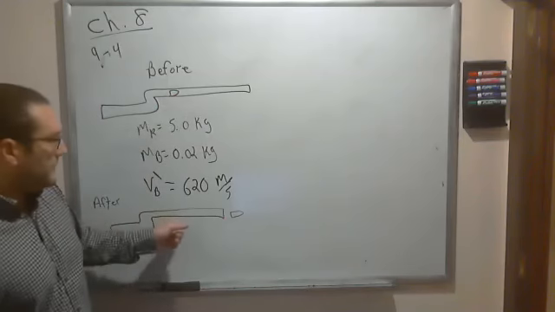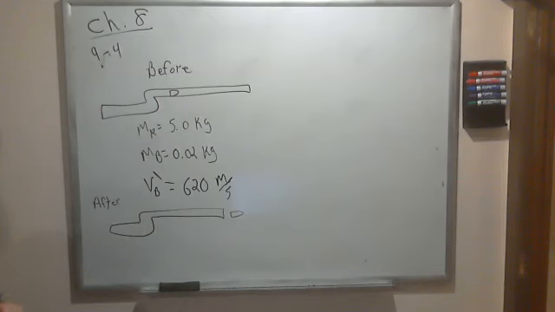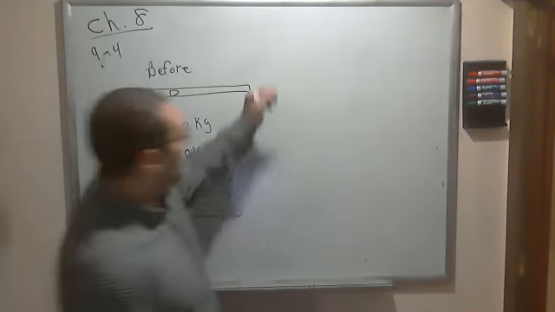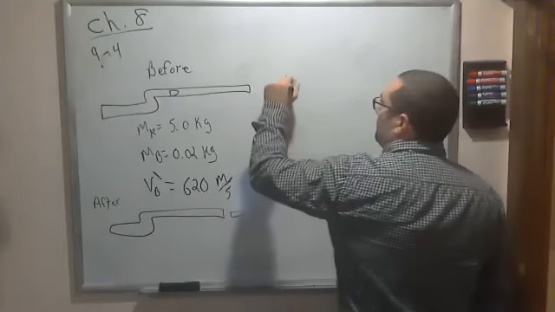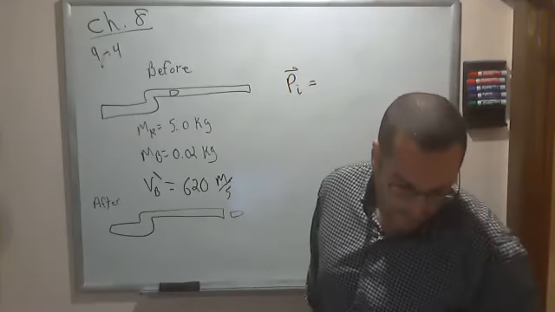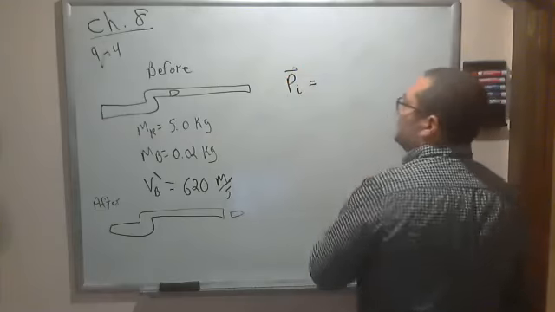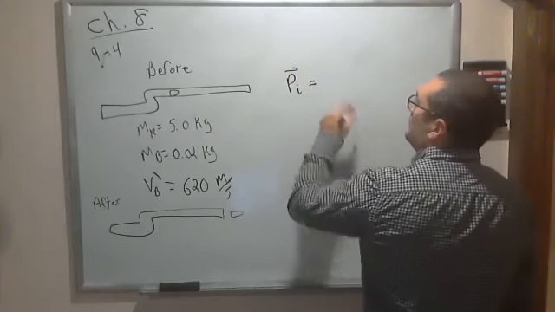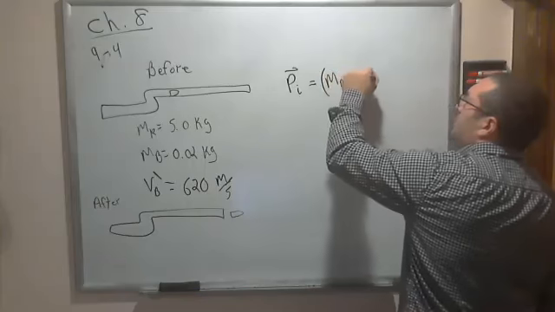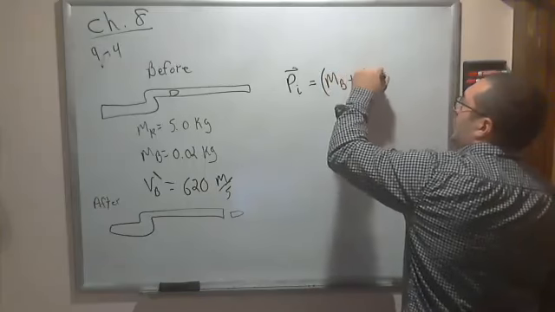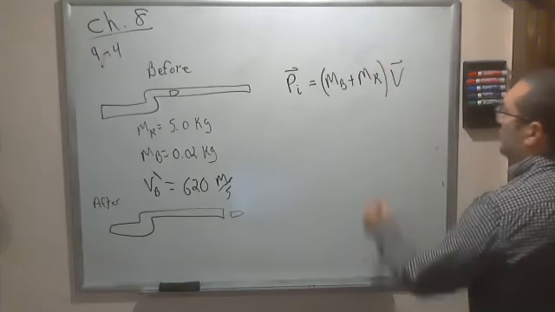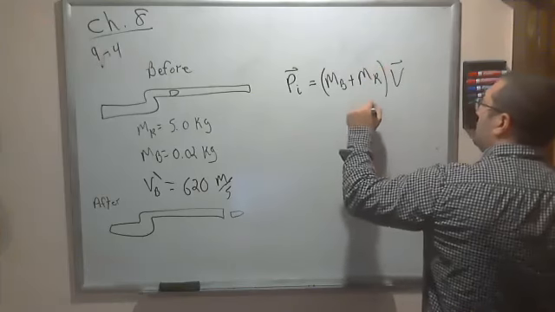So what's the momentum to begin with? Can anybody tell me? It's the mass of the bullet plus the mass of the rifle times its initial velocity, right? What's the initial velocity? 0.